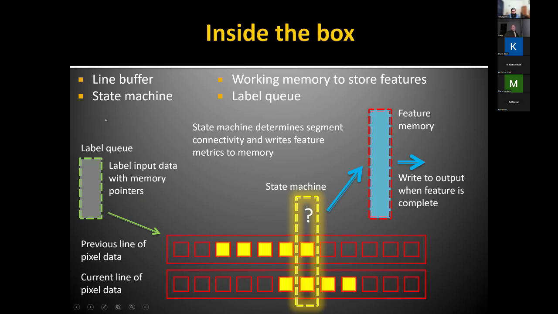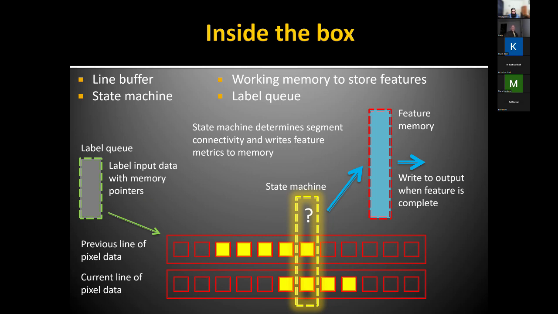So this is the inner working of ChipSight. It works off of 2 lines of image data, so you don't need a frame buffer. You just need enough on-chip memory to hold 2 lines of the image at a time.